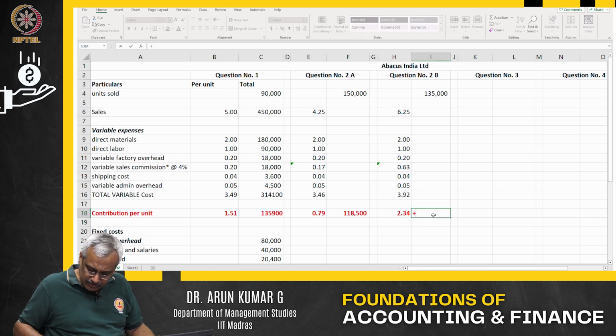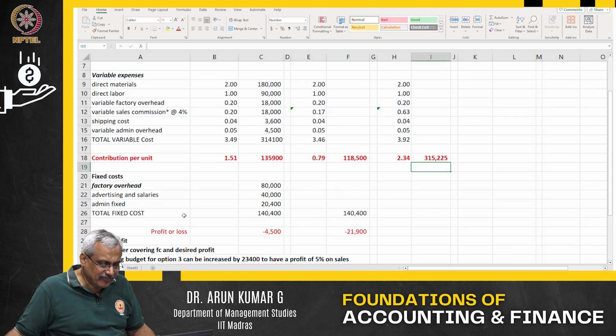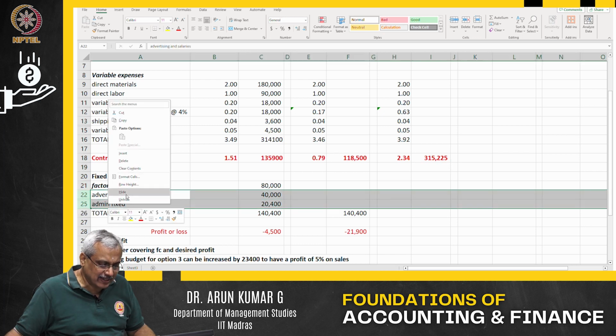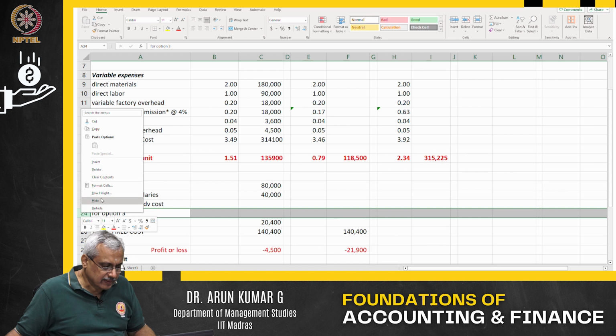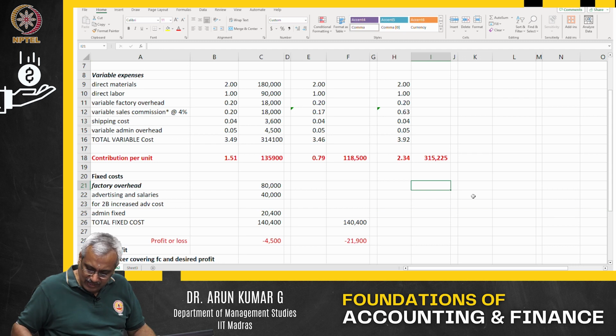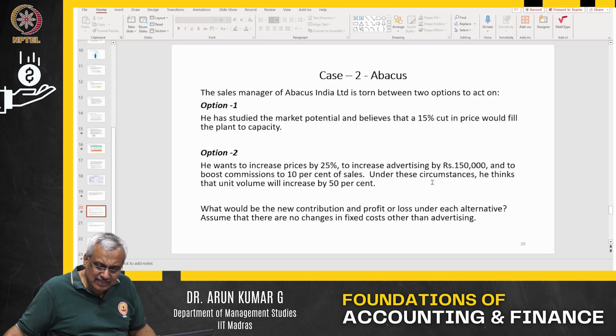My total contribution is going to be this into 3,15,000. What about my fixed cost? My fixed cost is the same, 80,000, of which 40,000 is my advertising, etc. He says that my advertising budget is to be increased by 1,50,000.